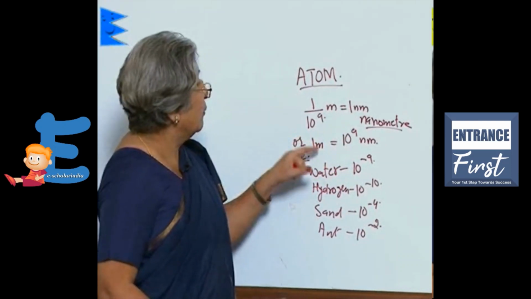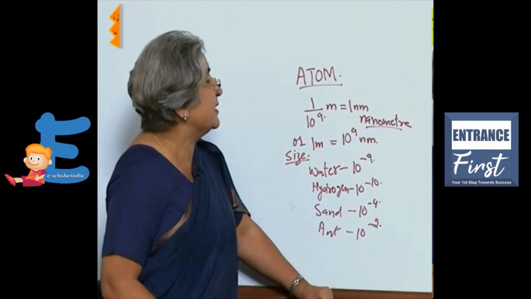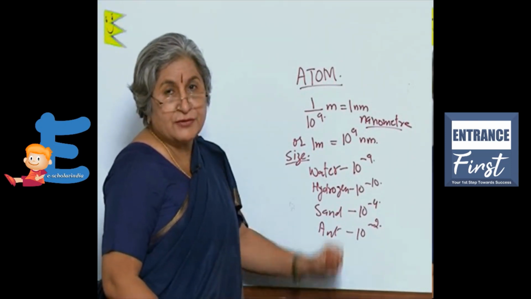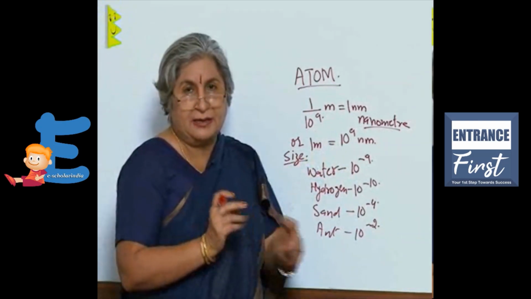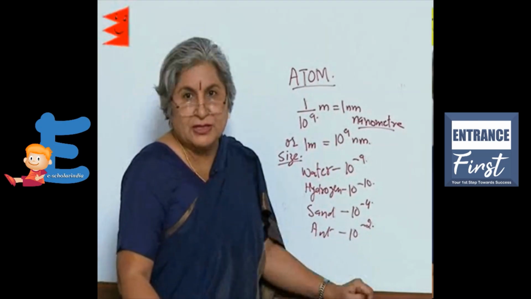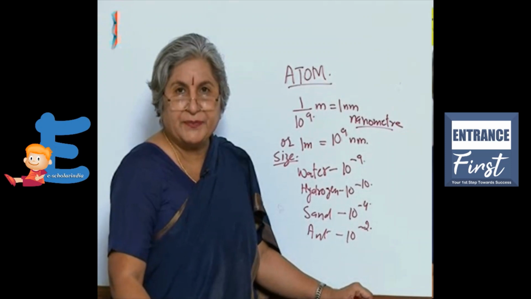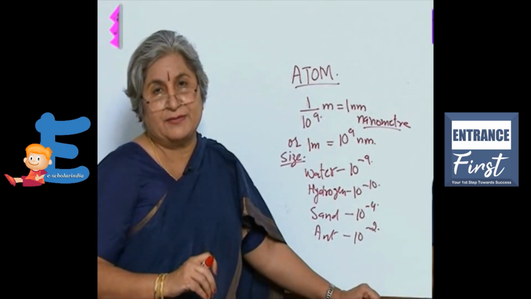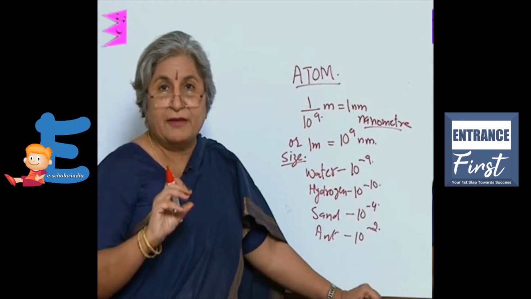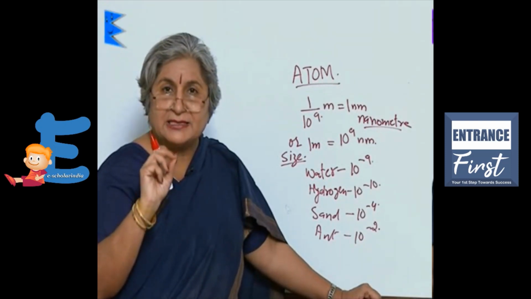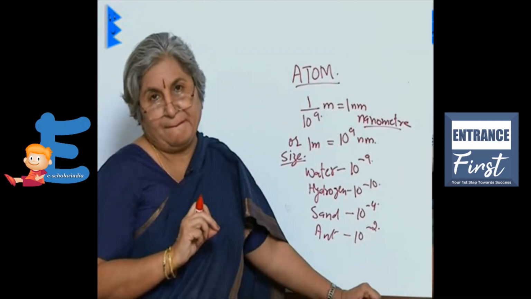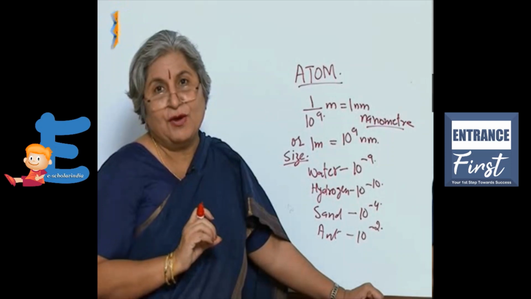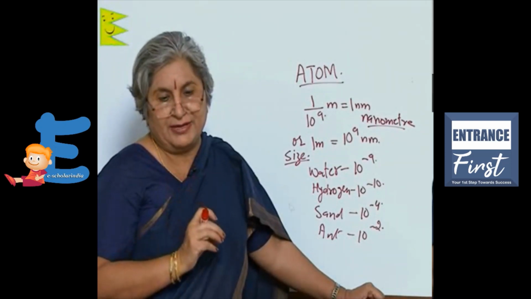Or you can say 1 m is equal to 10 raised to the power of 9 nanometers. So if so many nanometers are together, then we get 1 m. So that's about the size of the atom. If millions of atoms are stacked together, they form a layer which is as thick as a paper. So these are the examples by which you will come to know how small an atom is.